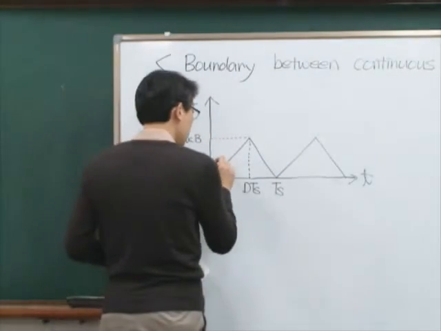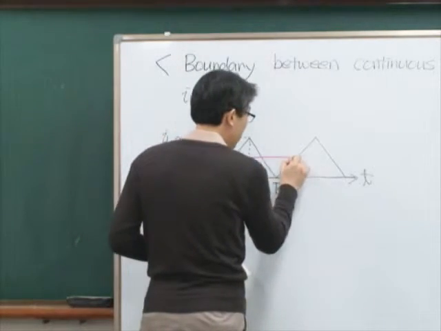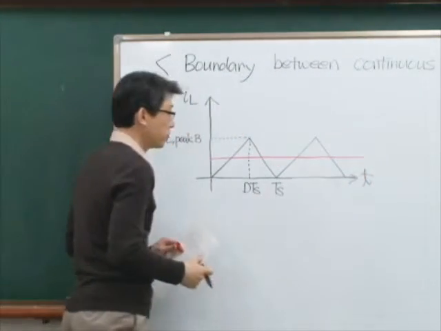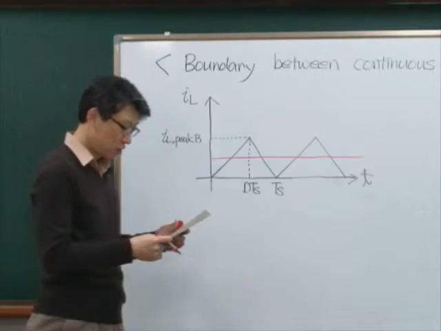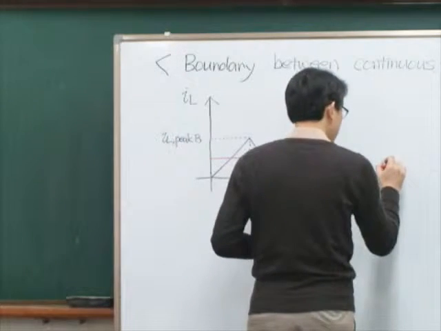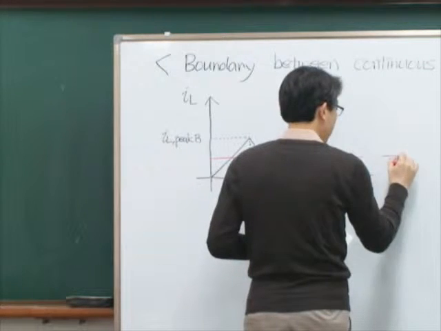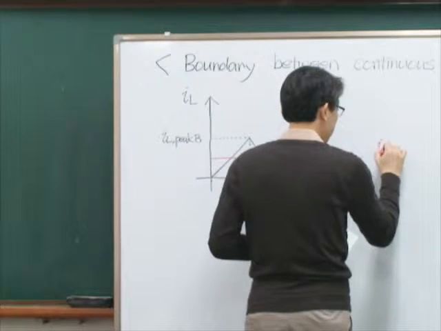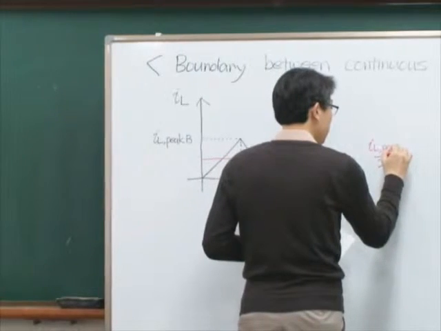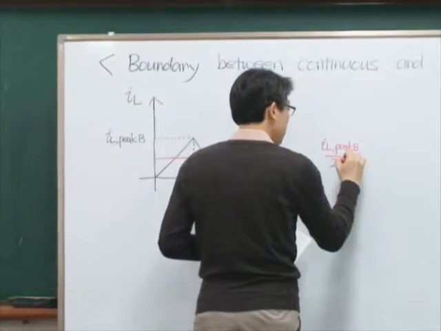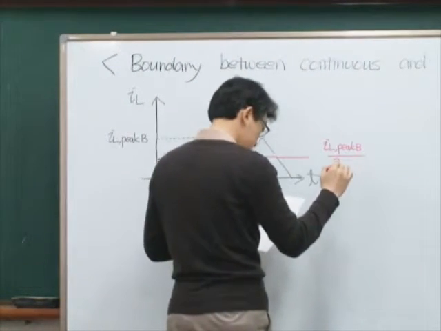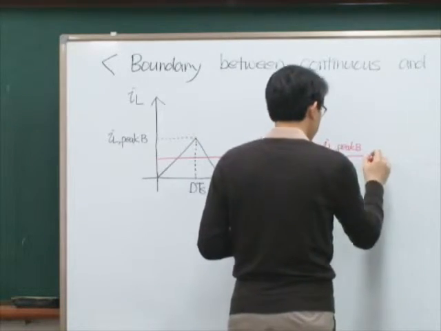Now, let's calculate the average of this current. This is half of the peak value. Okay?